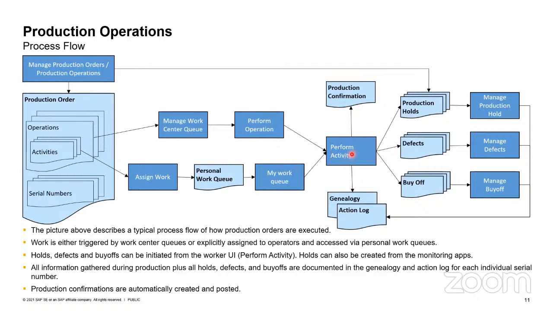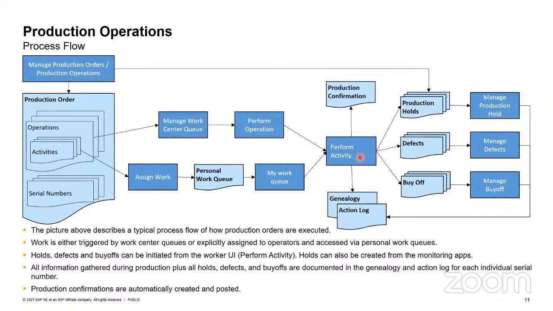Okay, so in here the operator can do the goods issue by simply assigning the serial number, and then he has the option to claim and register the tools, and he can track the same in the track tool usage app, and he can record the results in the same screen itself. If he finds any deviation, he can raise the defect, and parallelly he can put the operation on hold.